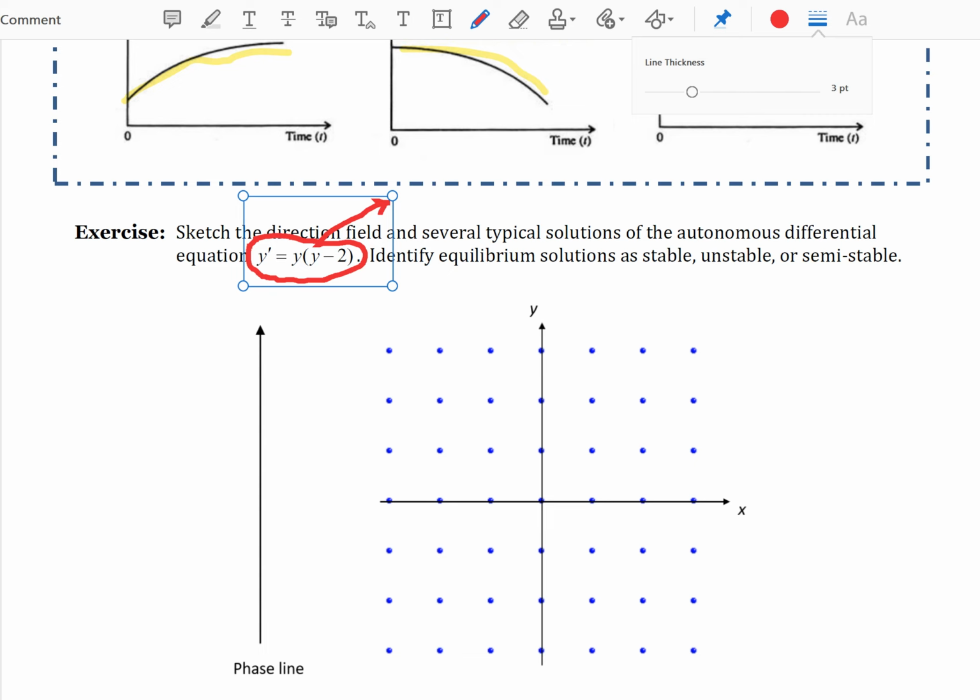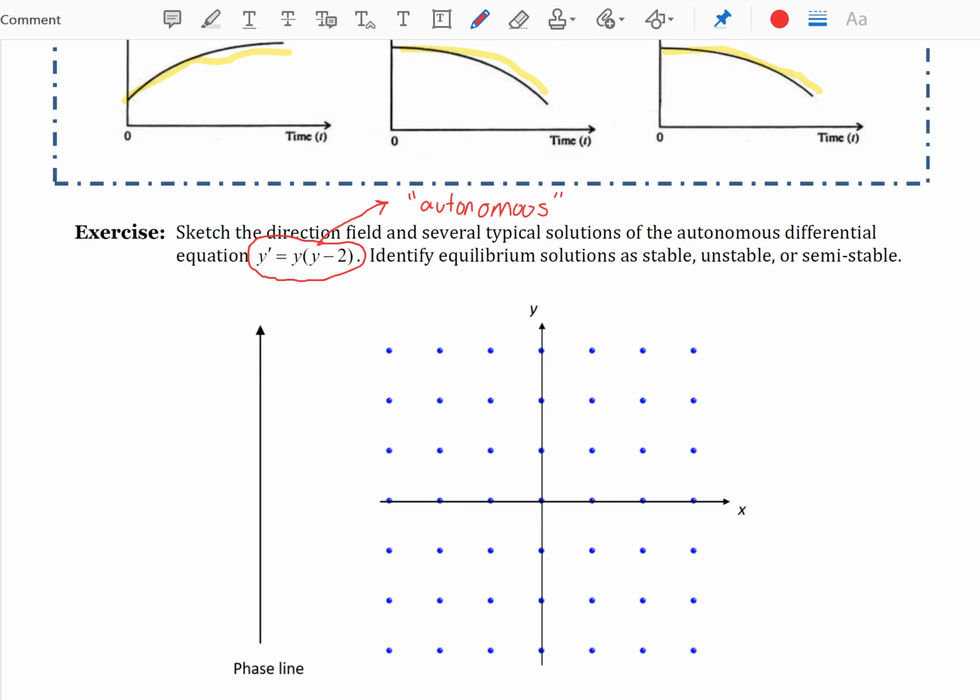So remember, when asking the question about autonomous or non-autonomous, you want to know whether or not it depends on the variable t. Here, since t does not show up, we know that this is an autonomous differential equation, which makes the direction field rather easy to draw.